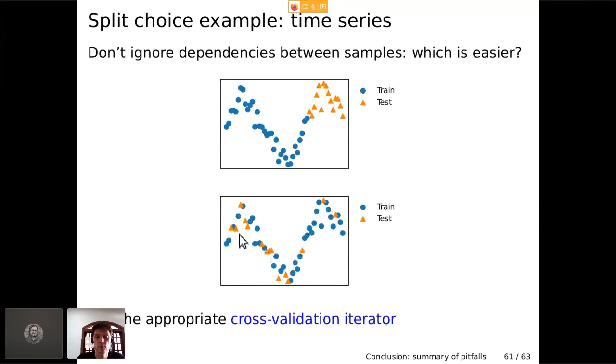So if I shuffle the time points before splitting my data set into train and test data, I am making a different task that is much easier, because now the model just has to interpolate between the time points instead of making a forecast. So there's not one way of doing cross-validation that is good in all scenarios.